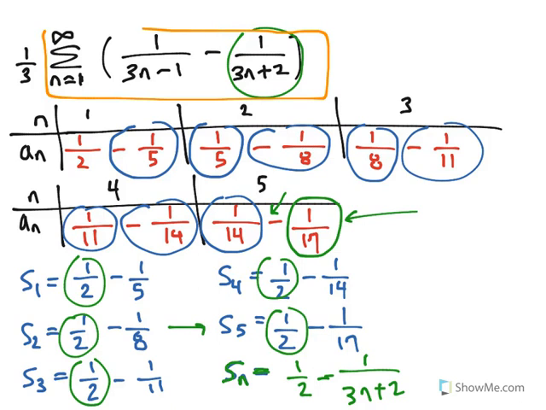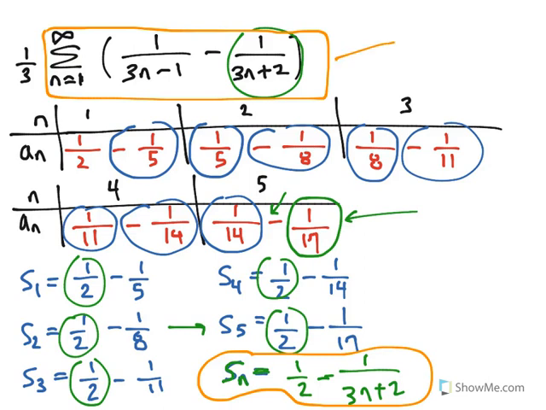We can use that to determine whether our series here that I'm boxing in gold will converge. By the definition of a convergent series, if the sequence of partial sums converges, then the series converges. So how do we determine that the sequence of partial sums converges? We take the limit of the nth partial sum as n approaches infinity, and of course when you do that here, that limit will be 1/2.